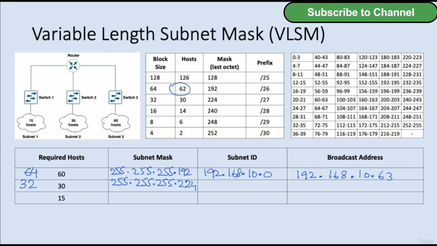Since we have taken all addresses until 63, the next address starts at 192.168.10.64 and this is a block of 32. If I divide 32 by 4, I will get the value 8. So from here I will take 8 blocks: 1, 2, 3, 4, 5, 6, 7 and 8. So the last value will be 95.